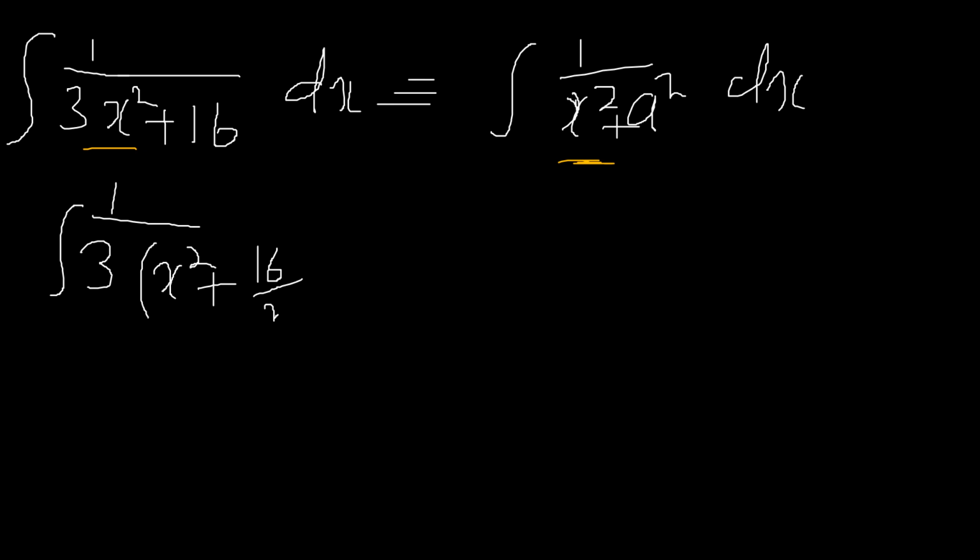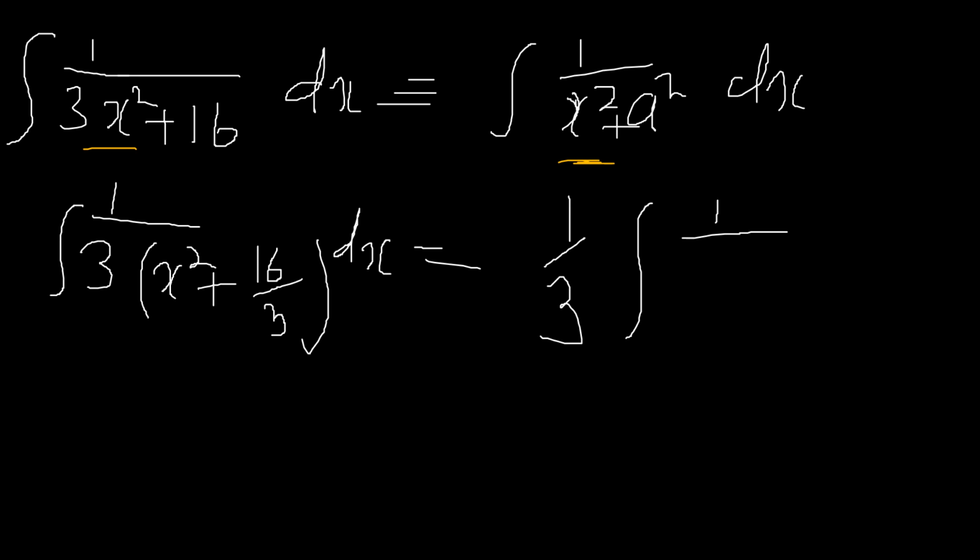So as well you know, the 1 over 3 can come outside the integral, so that we now have 1 over 3 times the integral of 1 over x squared plus 16 over 3.